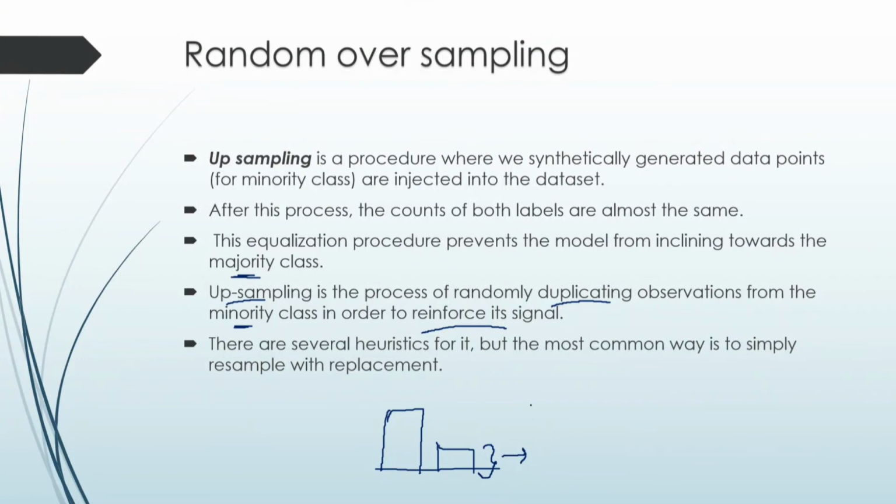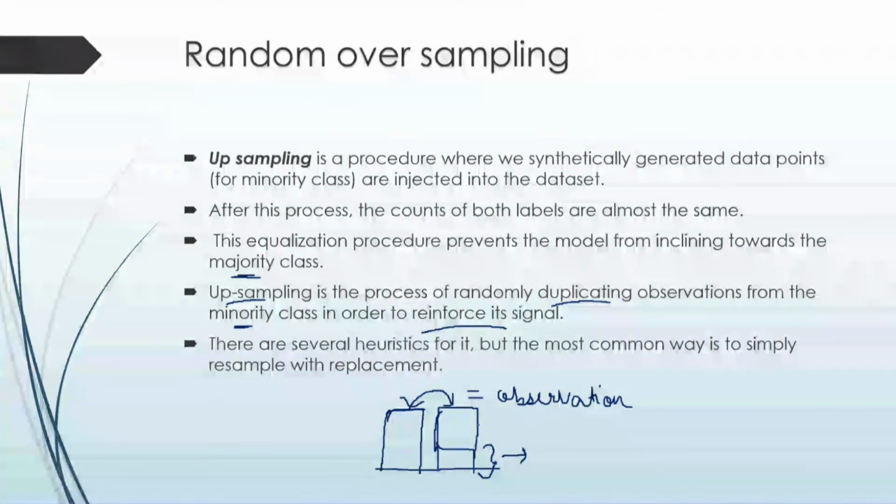So what we will do is generate duplicate data for this minority class and make it the same as the majority class. Now both classes will have almost an equal number of observations. So now the problem of class imbalance is solved by this upsampling technique.